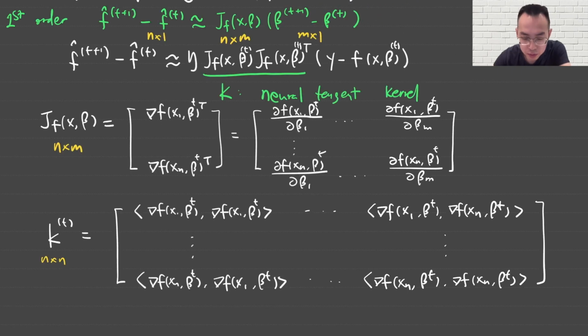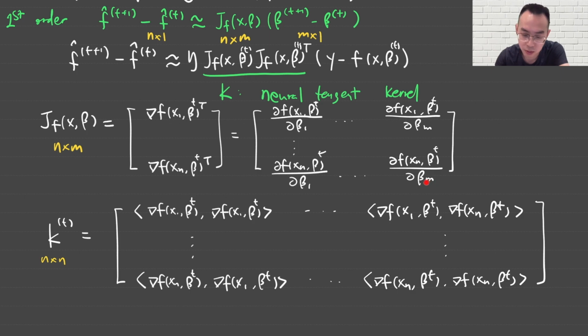Now I have spelled out the entire matrix for the Jacobian and the kernel matrix. The Jacobian matrix contains all the gradient vectors from the first data point x1 to xn. That is why its dimension is n by m. If we further expand it, it will have all the partial derivatives for the first data point with respect to the first parameter, through to the last data point with respect to the last parameter.